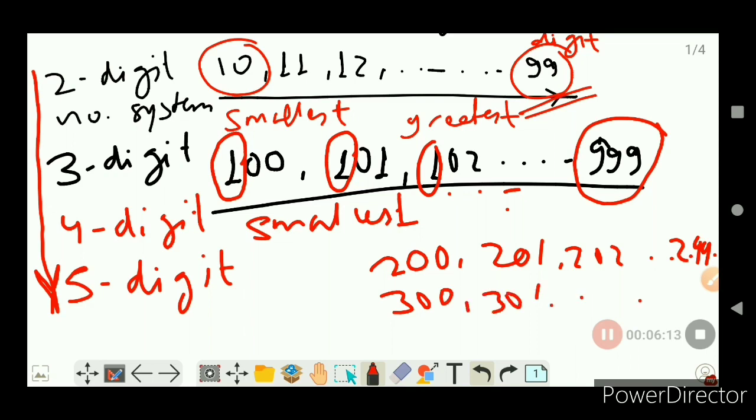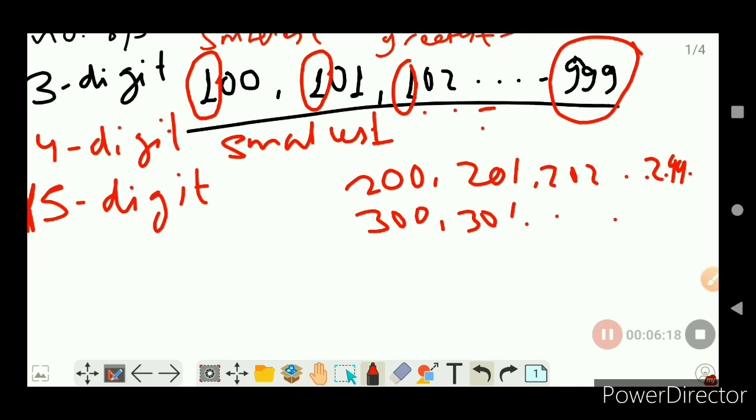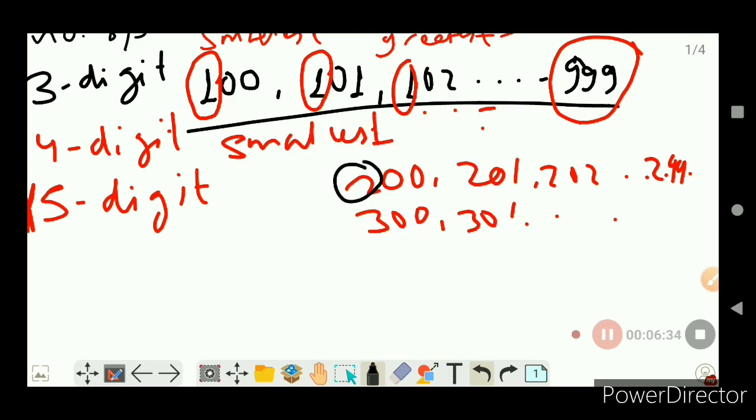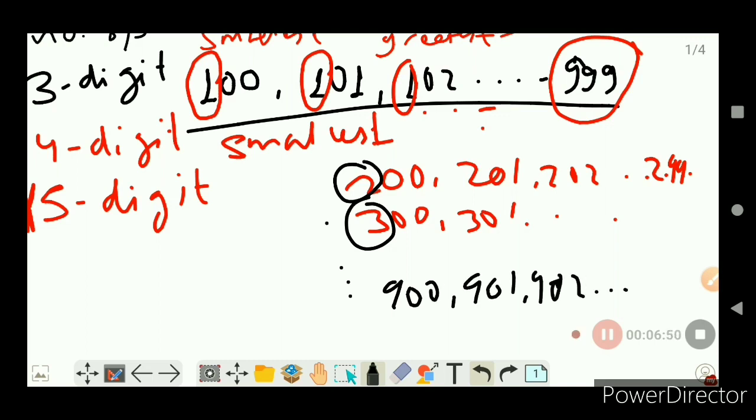So the number system is such that the leftmost digit goes from smallest to greatest. First it was 1, then 2, then 3, and so on till it starts from 9, and 900, 901, 902, and so on till 999, right?